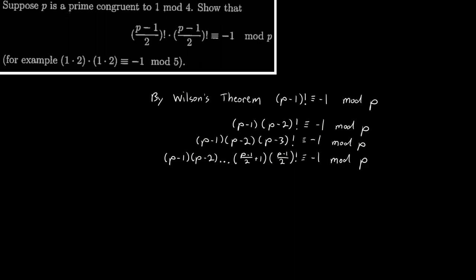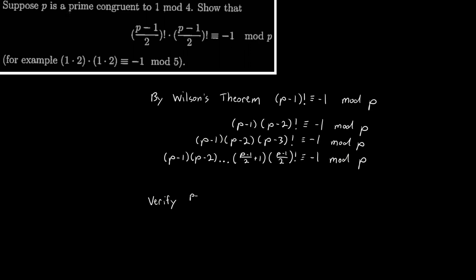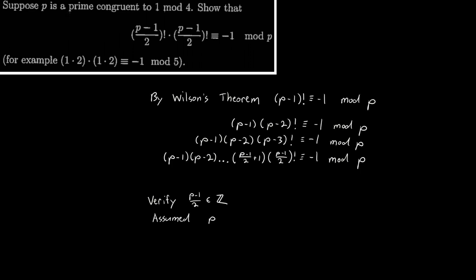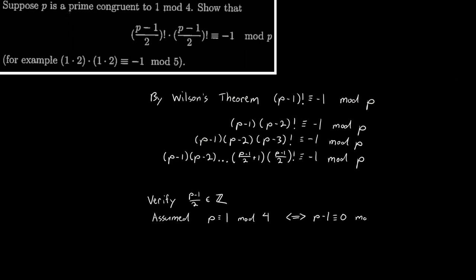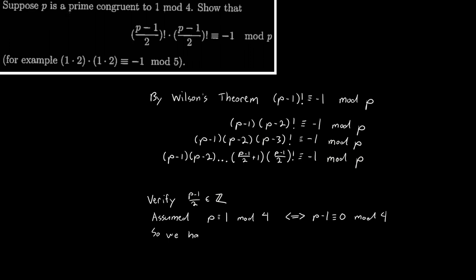Now that we have this whole expression, I just want to verify that (p-1)/2 is in fact an integer. It's assumed that p is congruent to 1 mod 4. That's an assumption, so that implies that p-1 is congruent to 0 mod 4, and this means that 4 divides p-1.